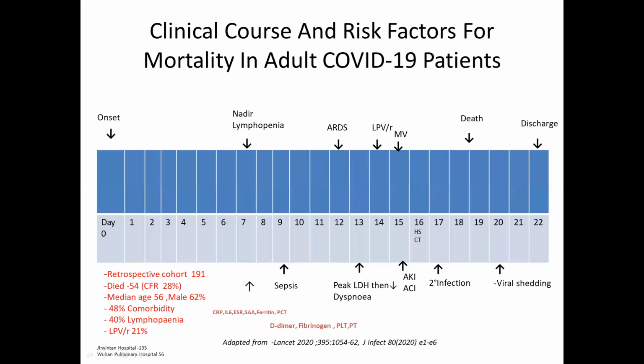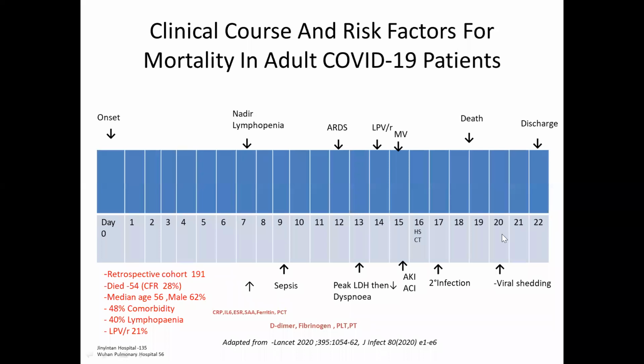Now, what I want you to see is that by day 15, the patients who had marked lymphopenia, had intense production of inflammatory mediators, had ARDS and, from this cytokine storm, tended to require mechanical ventilation. On average, the mean time for mechanical ventilation was day 15. And subsequently, we saw death in patients who represented the poor prognostic group.